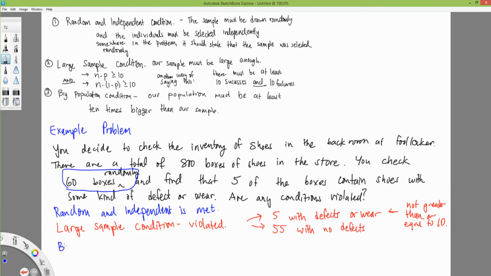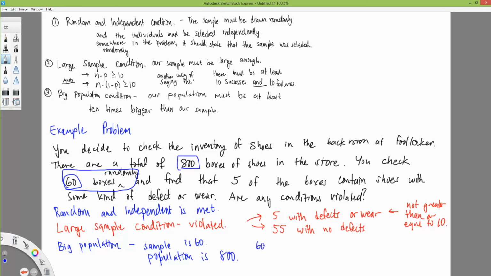What about big population? Is that okay? And why is that one okay? Yeah, because we have a total of 800 boxes, and we looked at 60 of them, okay? So our sample is 60, and our population is 800, okay?